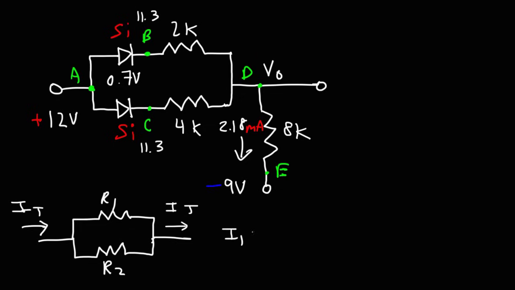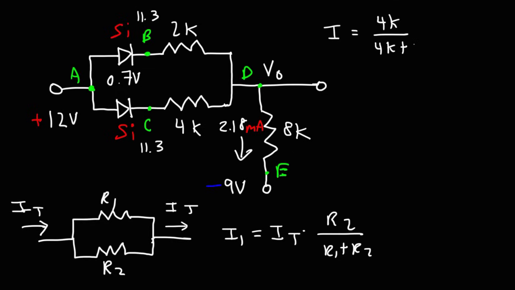To calculate I1, it's going to be the total current times the other resistor, which is R2, divided by the sum of those two resistors. So in this case, to calculate the current flowing in that resistor, it's going to be the other resistor, 4 kilo ohms, divided by the sum of the two resistors, 4 plus 2, times the total current that is either entering or leaving that branch, which we could see is 2.18.